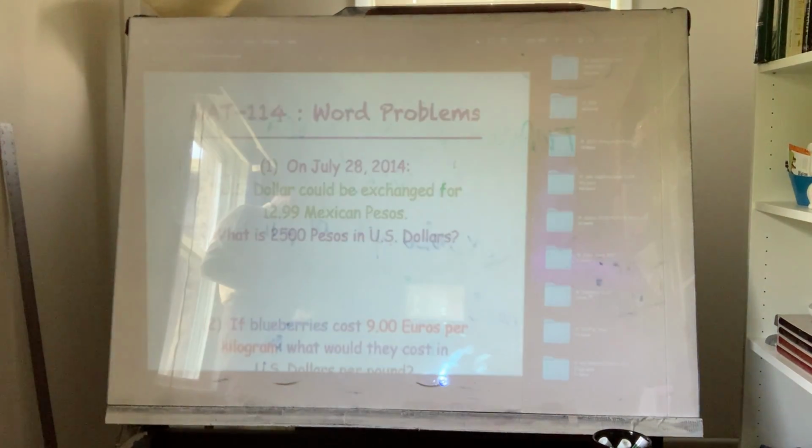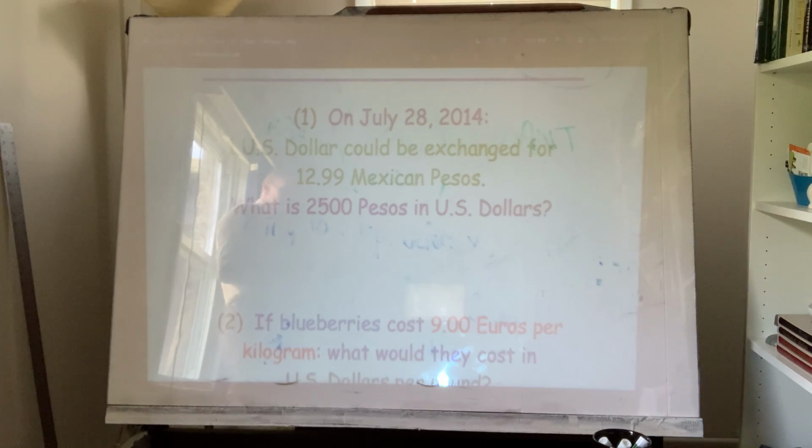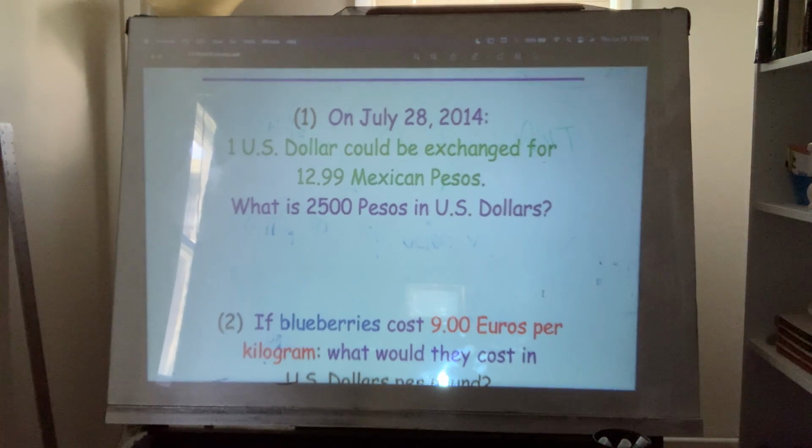I took the examples and then I typed them myself at one point for the reason that I could emphasize certain things by changing color.